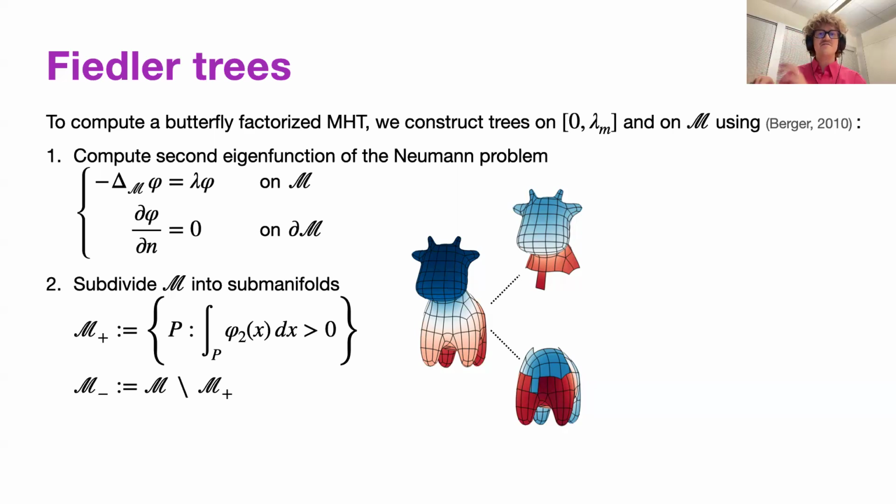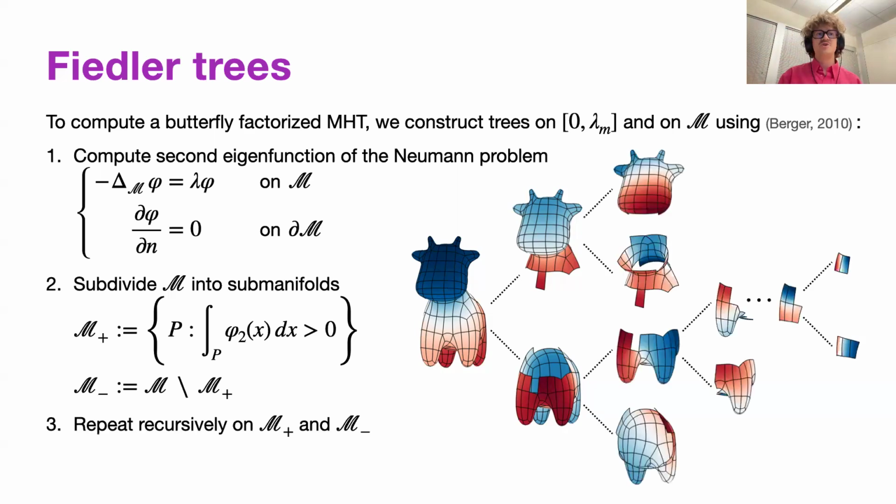And if that integral is positive, it gets assigned to partition 1. And if it's negative, it gets assigned to partition 2, right? And now, of course, we can continue this process and compute new second eigenfunctions on these new submeshes to continue building our tree.